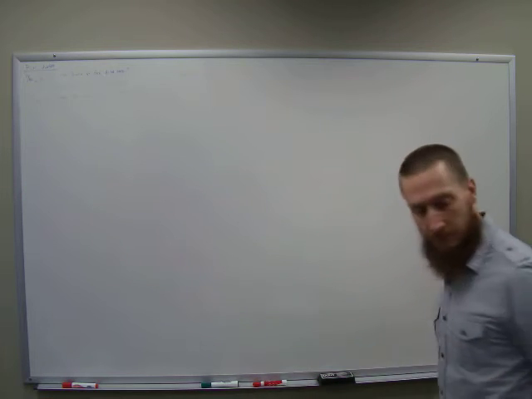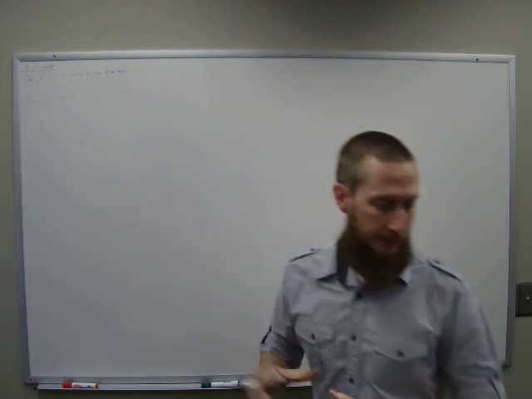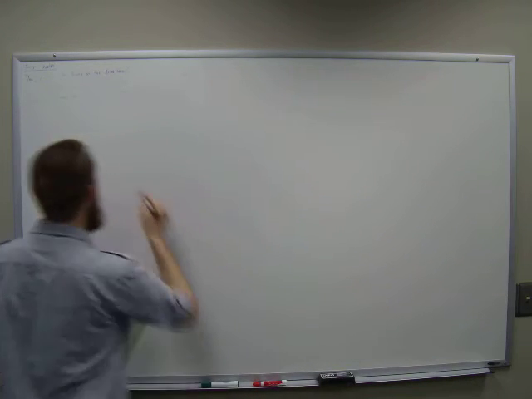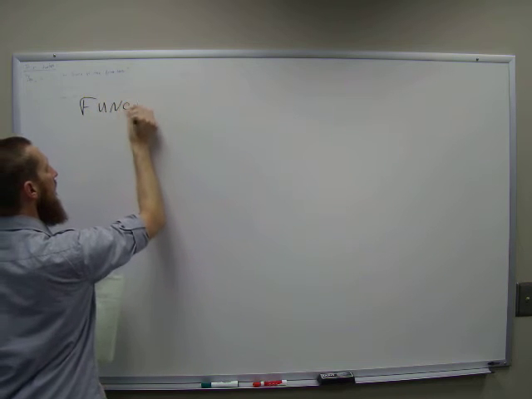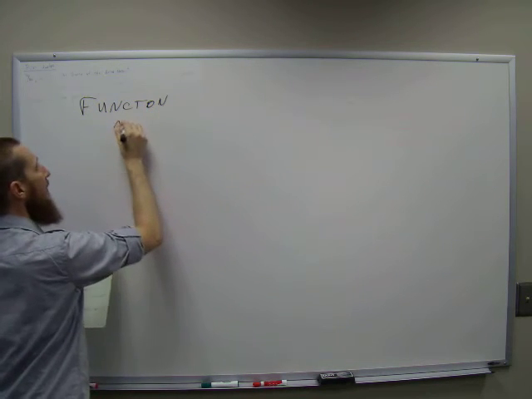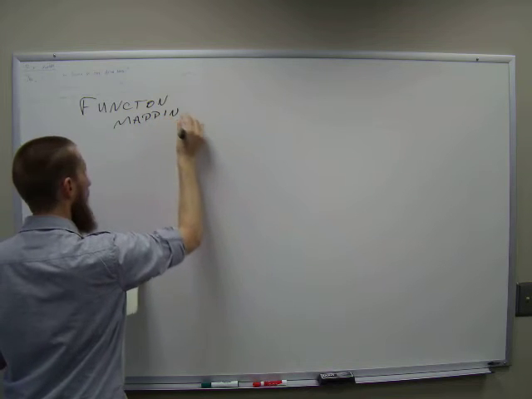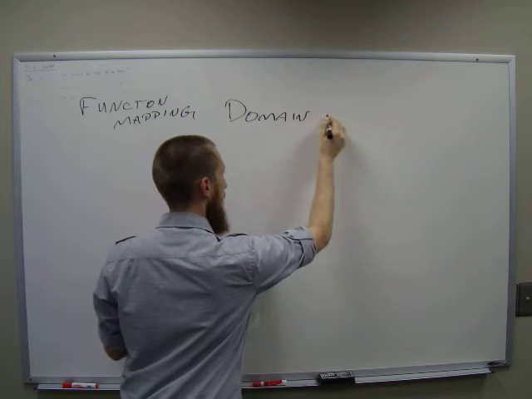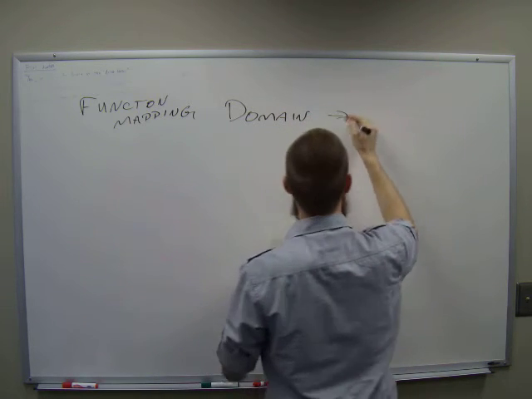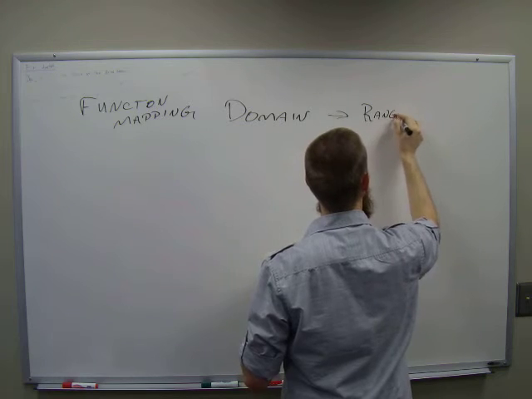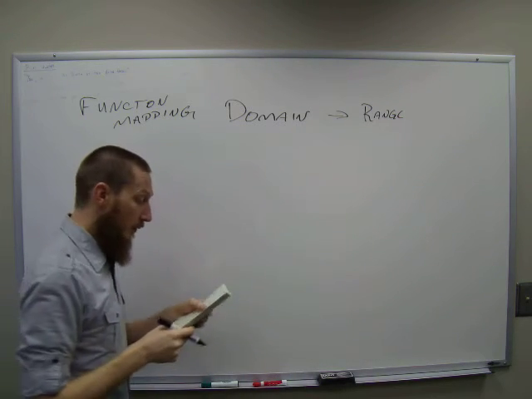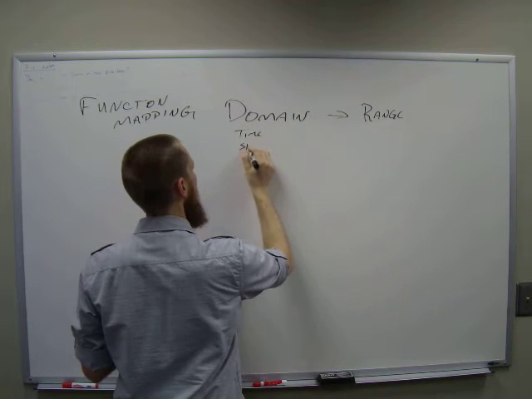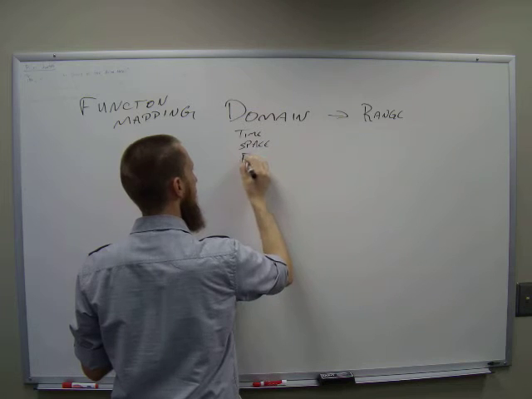So last class period we talked about signals, and recall that a signal is a function that's mapping from some domain to a range. The domain we talked about could be things such as time, space, frequency.